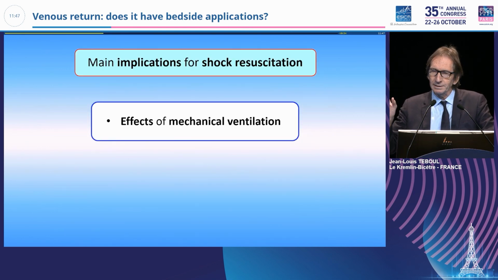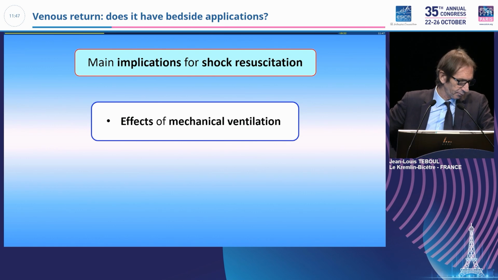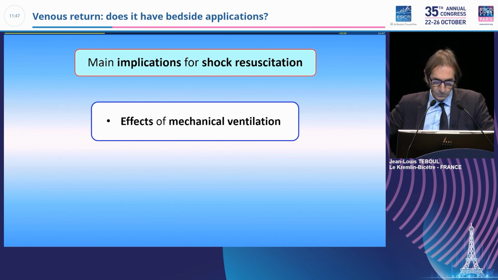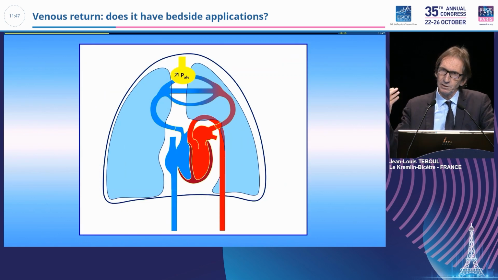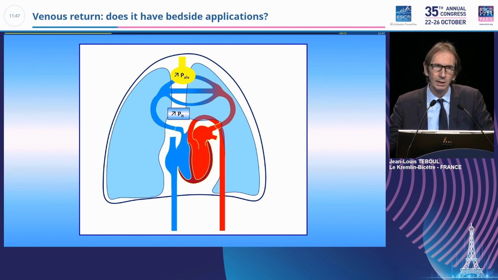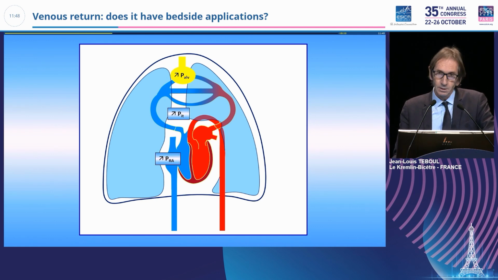So, what are the main implications for shock resuscitation? Just to summarize the effect of mechanical ventilation, because Professor Pinsky already talked about this. We know that at each mechanical insufflation, we should have an increase in the alveolar pressure, which should increase the intrathoracic pressure, which should increase the right atrial pressure, which is the downstream pressure for venous return.